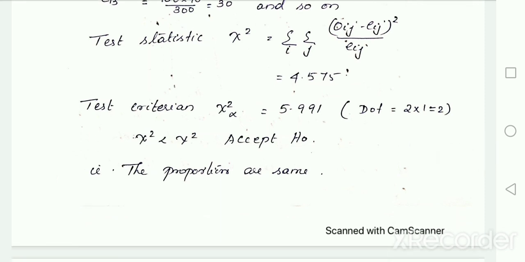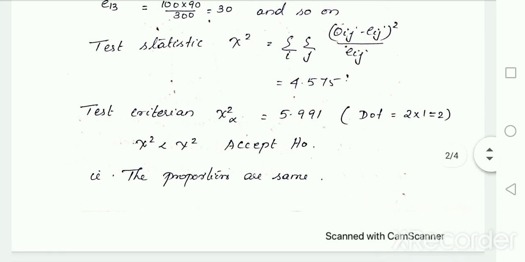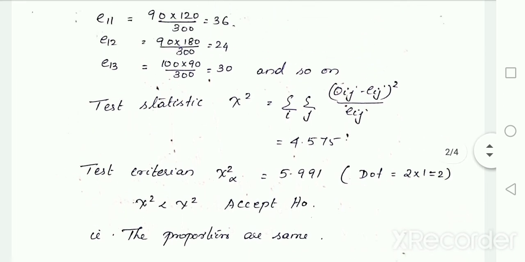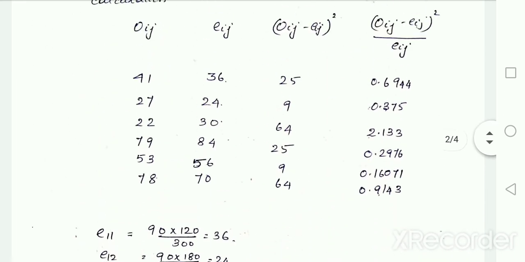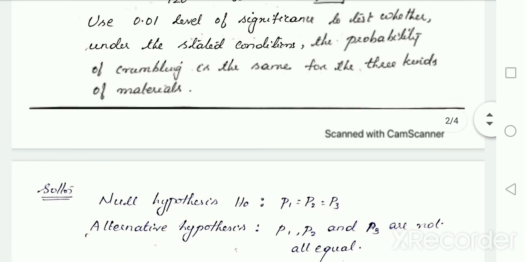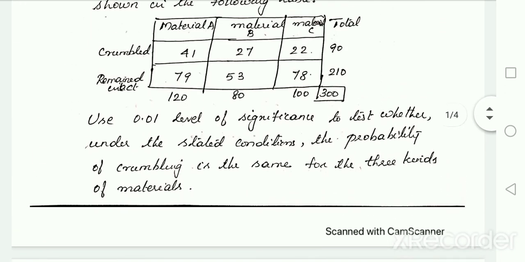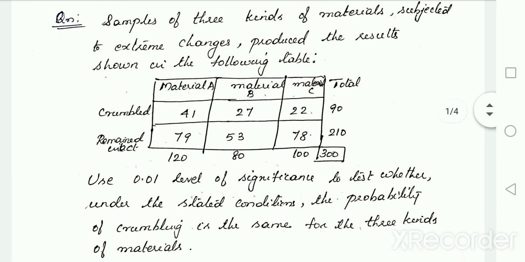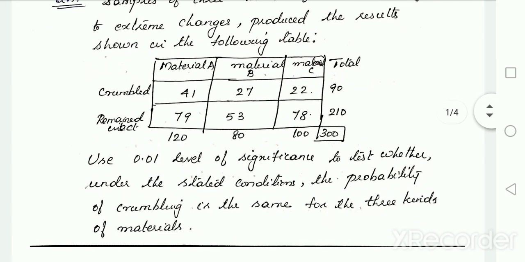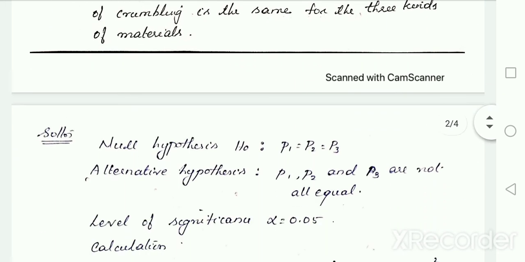The chi-squared value is 4.5, which is less than 5.991. So this is not under rejection criteria, so we accept the null hypothesis. So the proportions are the same. The production results of all three have the same proportions.